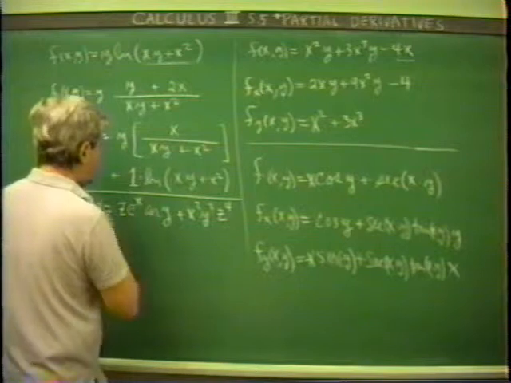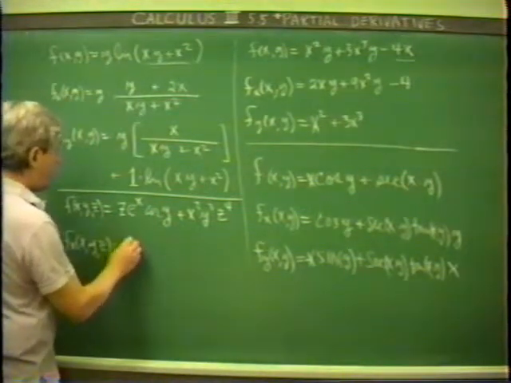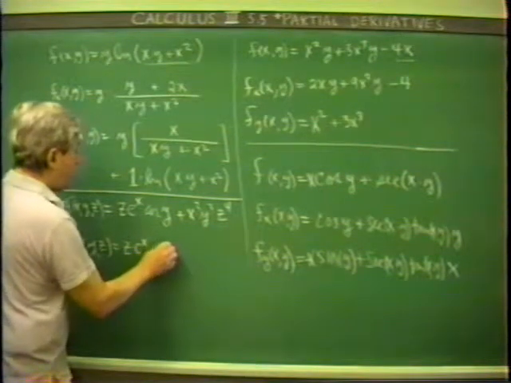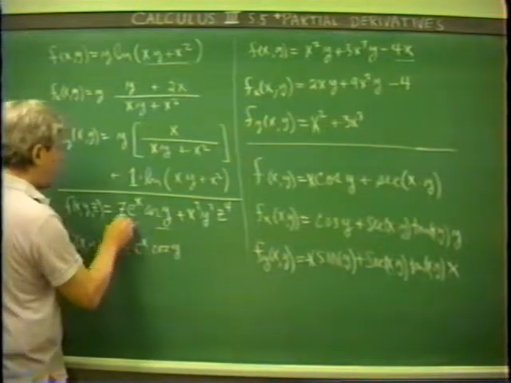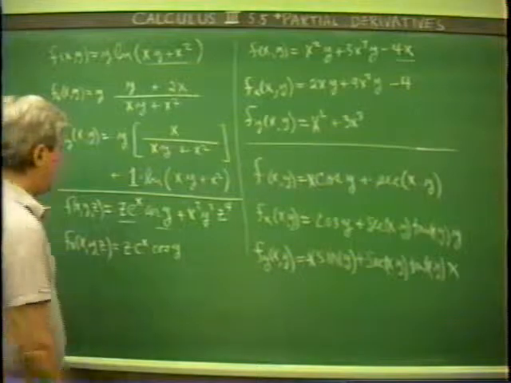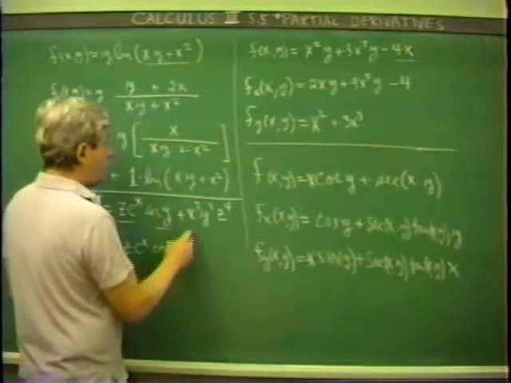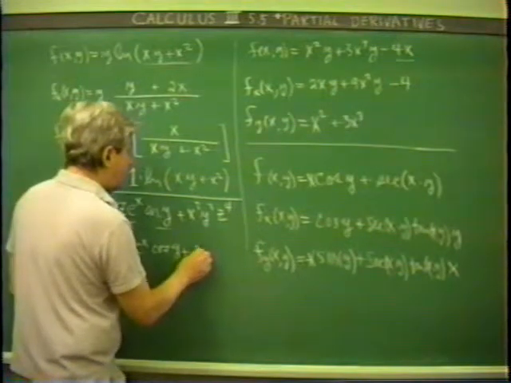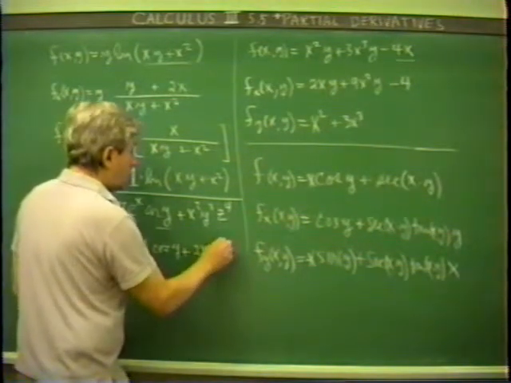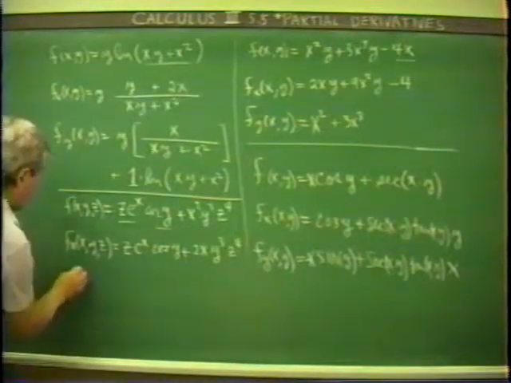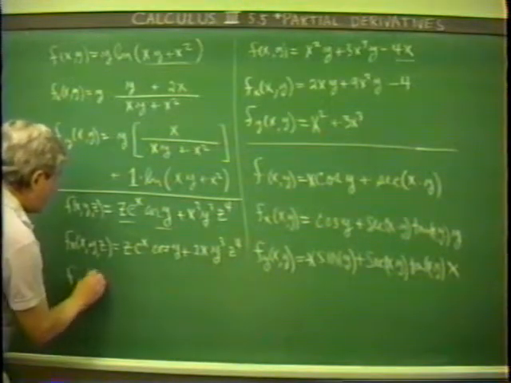Now here you treat y and z as if they're constants and just differentiate with respect to x. So we're going to get z, the derivative of e to the x is e to the x, cosine y. Cosine y is fixed, and so is z here. Plus, fixing y and z and differentiating with respect to x, we get 2x y cubed z to the 4th.